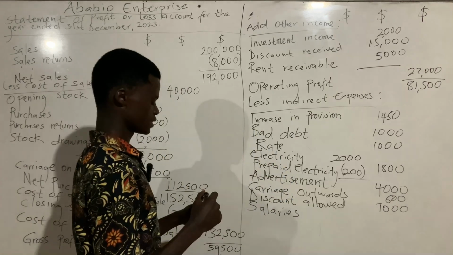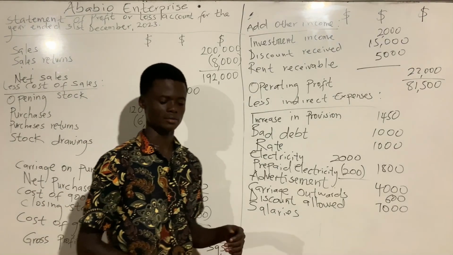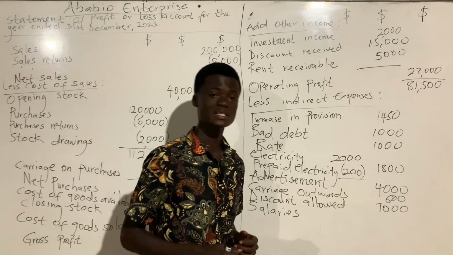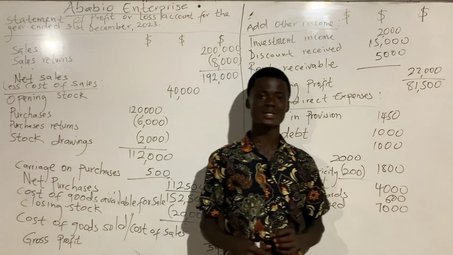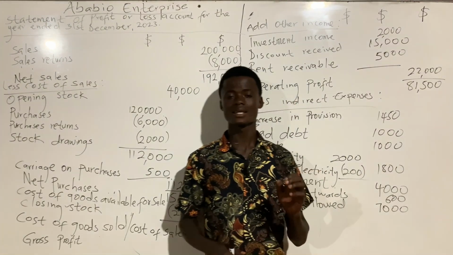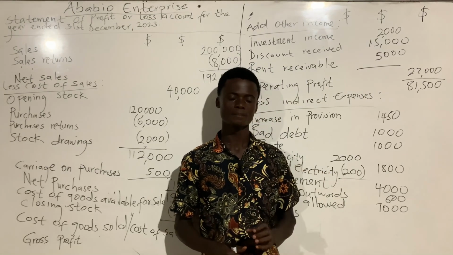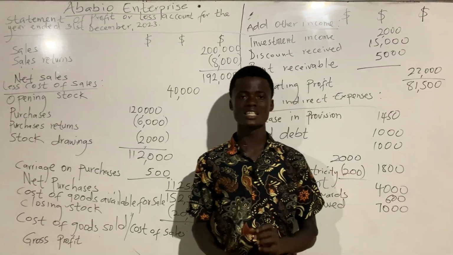But for these salaries, the additional information gives more insight about the salaries. The additional information D says that salary owing is $200. So this means that the $1,800 on the trial balance is not the salary expenses incurred, but the salary expenses paid. So to get your salary expenses incurred, we will add the salary expenses owing to the salary expenses paid.